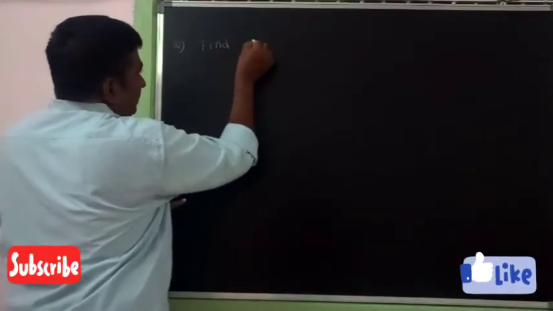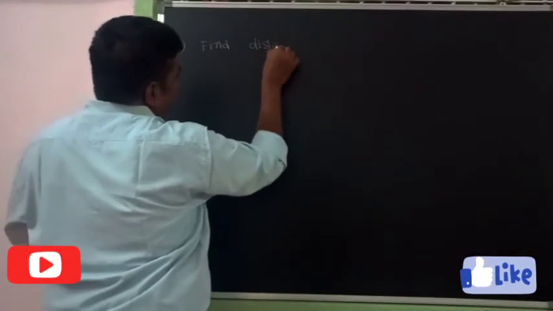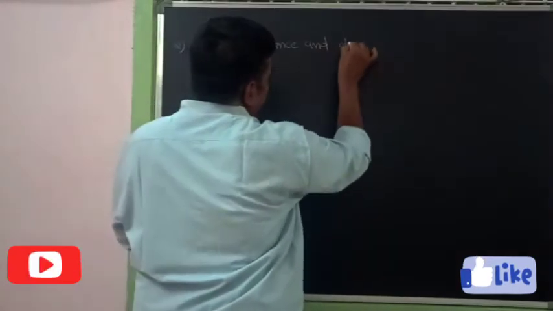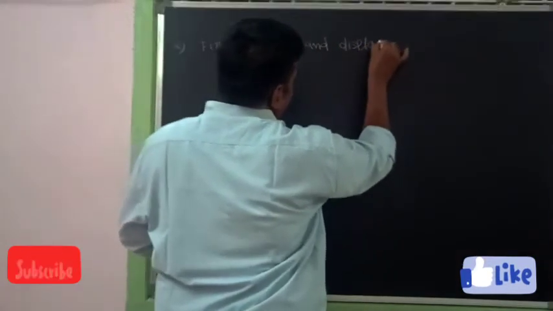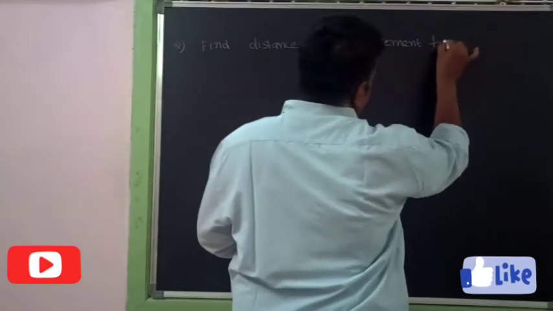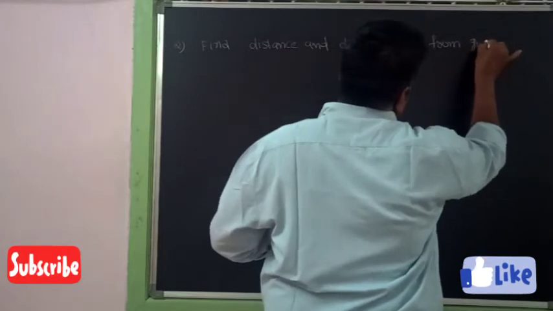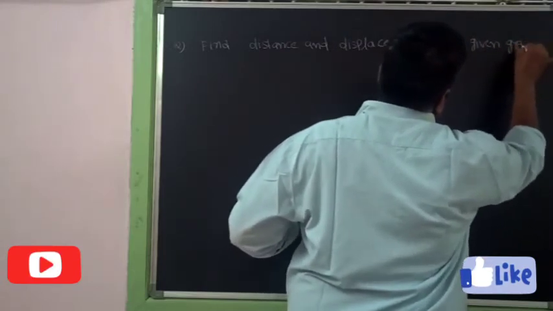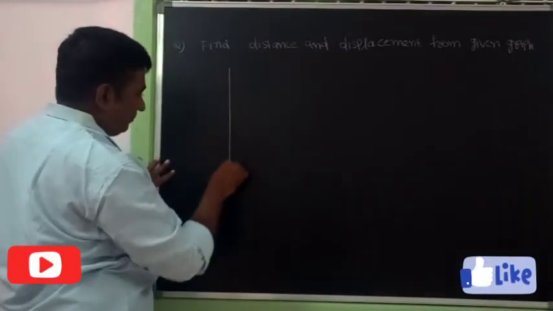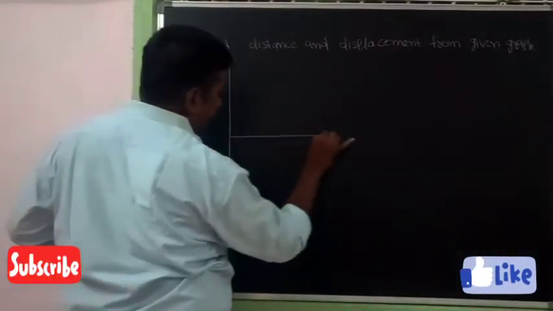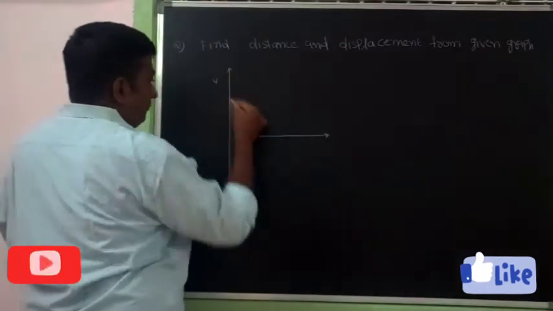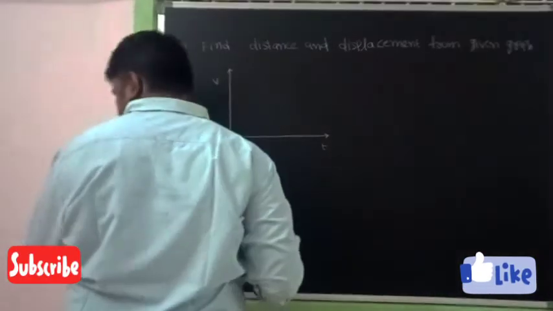Find distance and displacement from the given graph. So like this they have been given. This is a velocity and time graph.